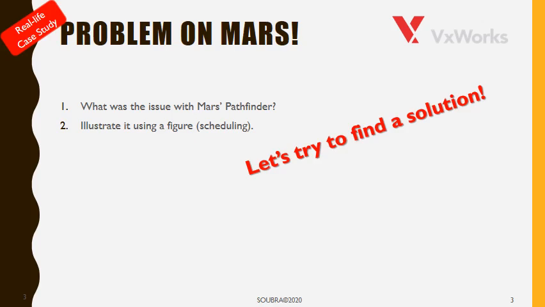One of the solutions, and the implemented solution that happened over there, is to make sure that the tasks that don't need the semaphore do not preempt the low priority task that has the semaphore, and to make sure that the highest priority task is not blocked for long because of the semaphore. The implemented solution is called priority inheritance.